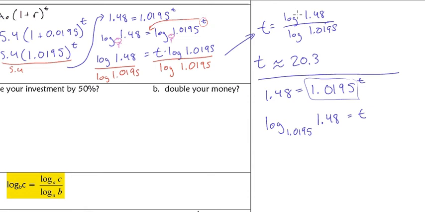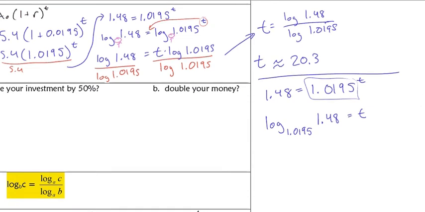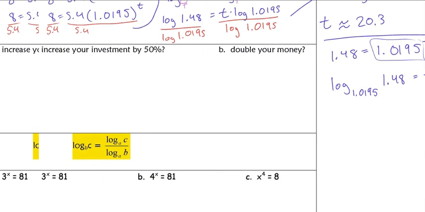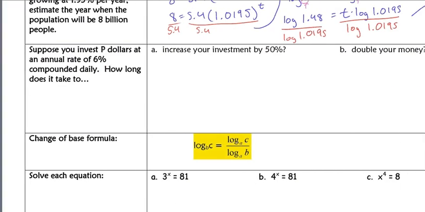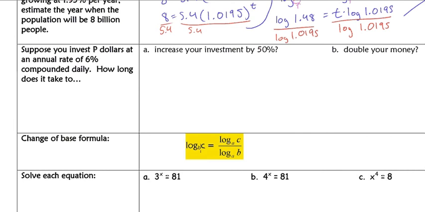If we look down over here, it says that log base b of c is equal to log base a, notice the a is new here, of c divided by log base a again of b.